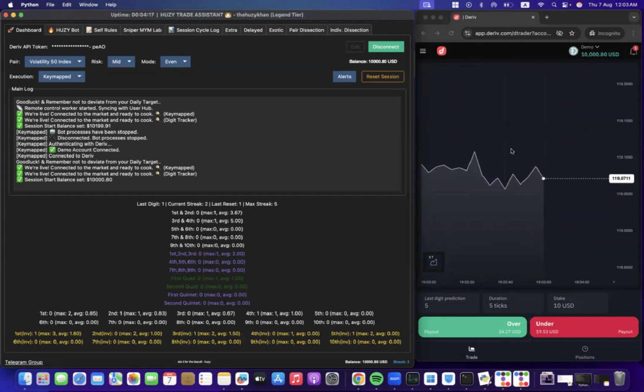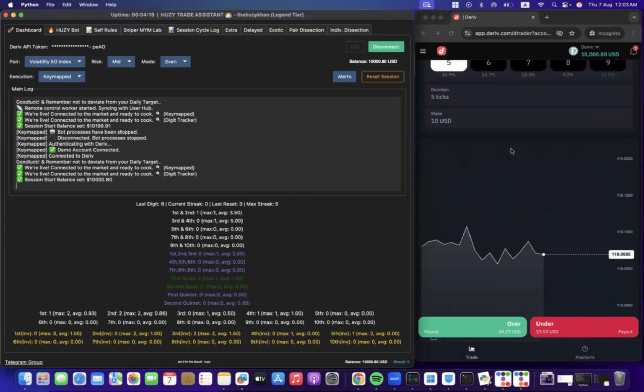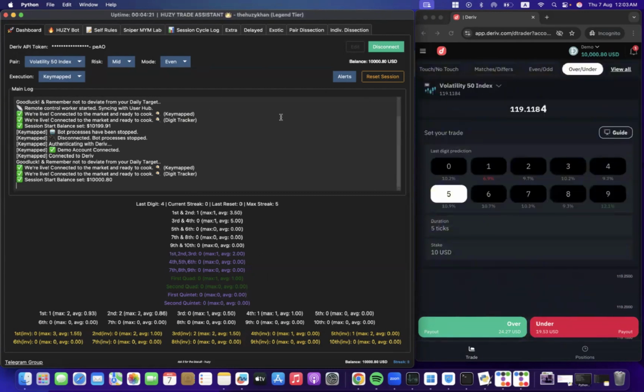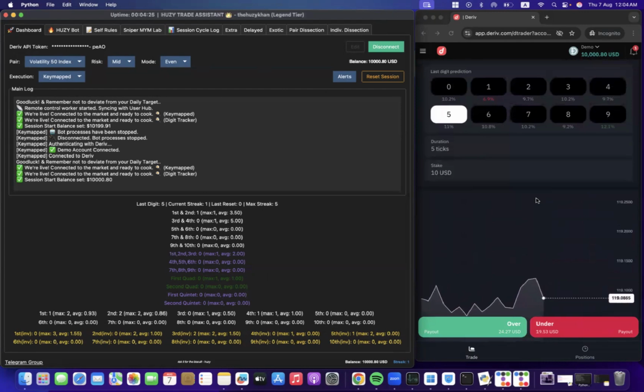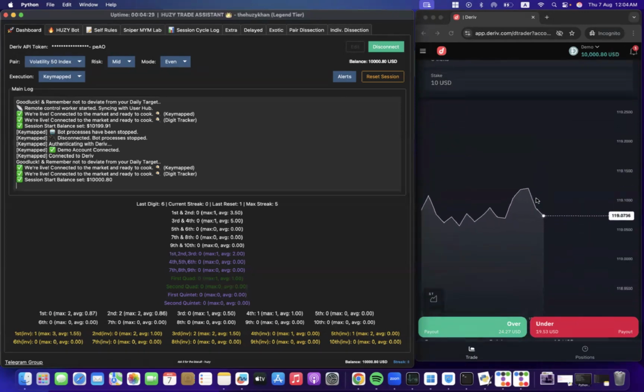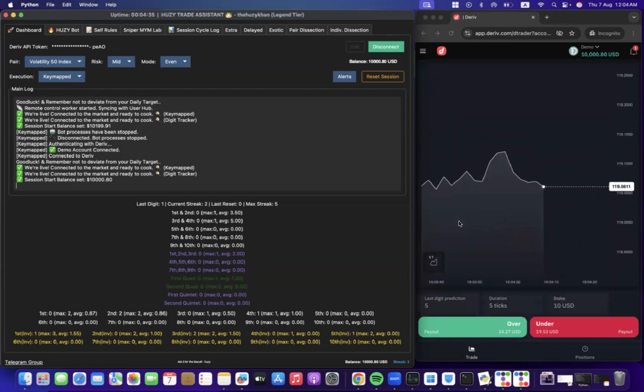So first things first, let's get to the why this tool has been created in the first place. I created this tool for myself because when I was trading options on Deriv using their D trader, I noticed a few things which made me lose a lot of money.